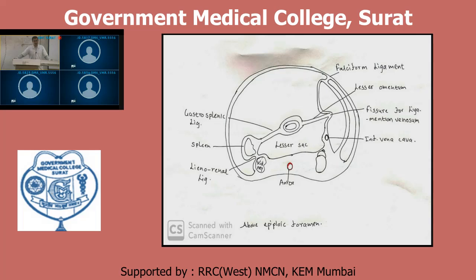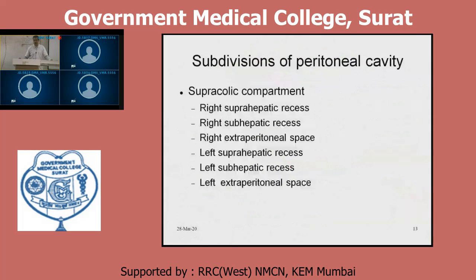Now this greater sac, it is large and it is divided, or you can say peritoneal cavity is divided into supracolic compartment and infracolic compartment. Now in relation with supracolic compartment, there is formation of recess. How does this supracolic compartment form? Boundaries of the supracolic compartment.